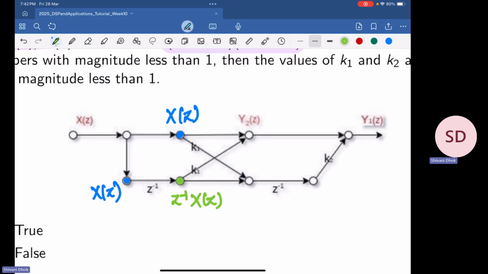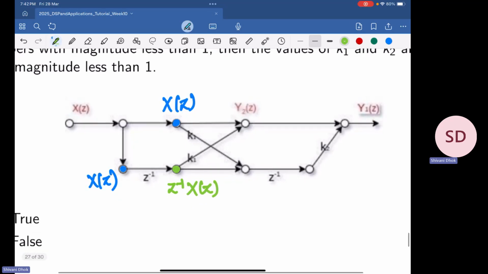So we have z inverse x of z here, and at this particular location we get the z inverse x of z as it is, and from here we get x of z that gets multiplied by k1. So here we get z inverse x of z plus k1 into x of z.